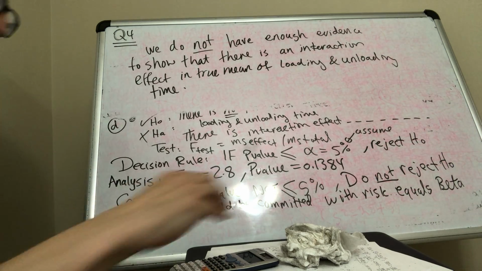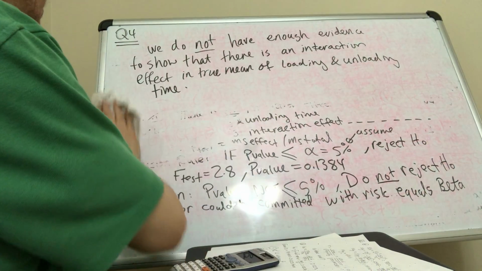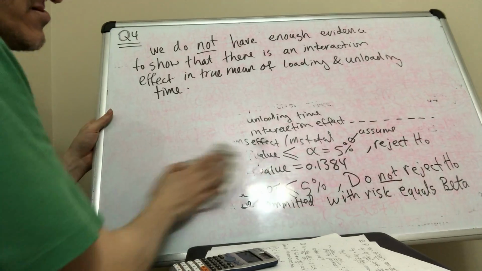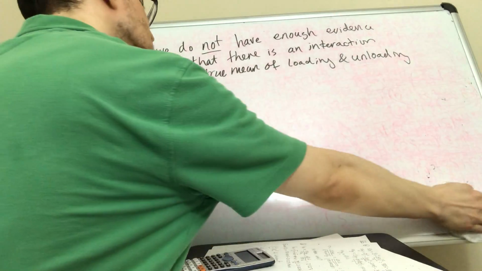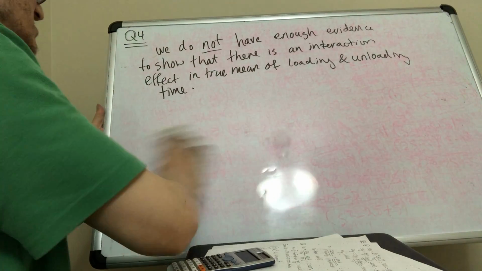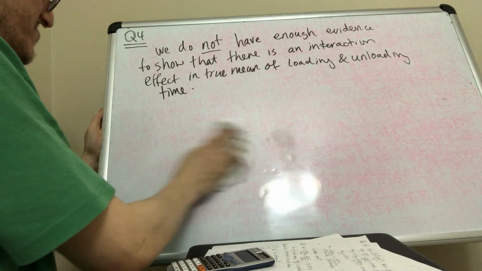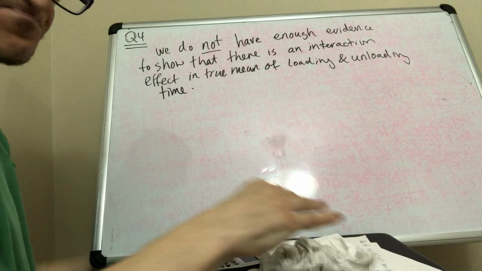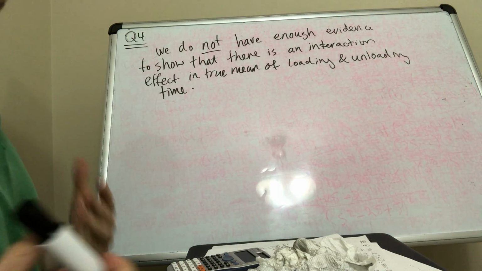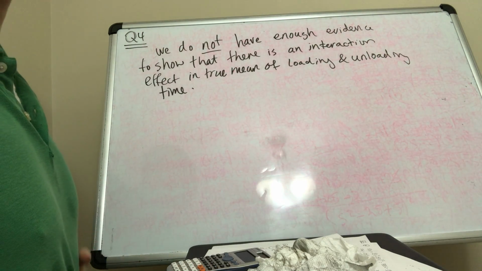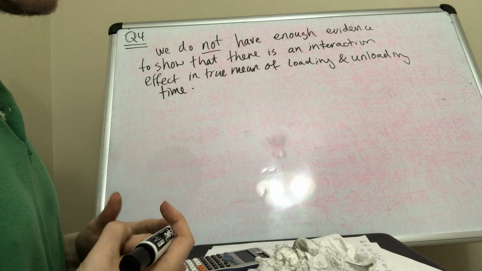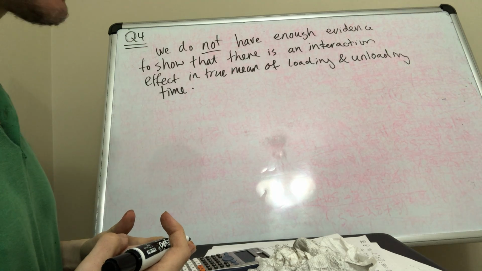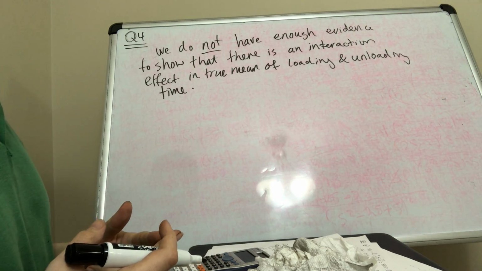Now this is it for the assignment. However, there's one more thing that I want to talk about quickly that you might ask in the exam. She might ask you to explain what p-value is, or what type 1 error is, or what type 2 error is.